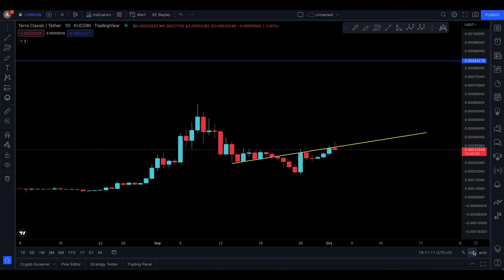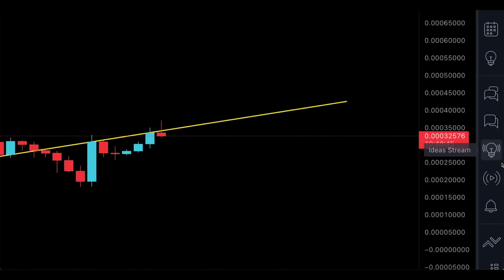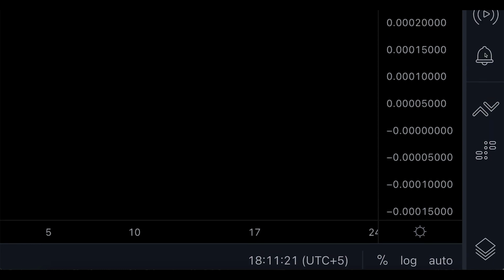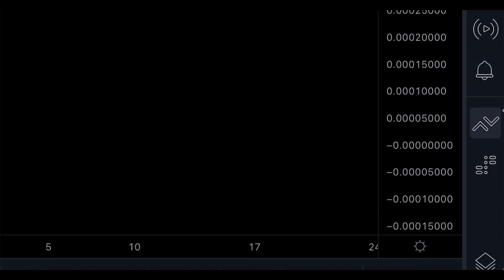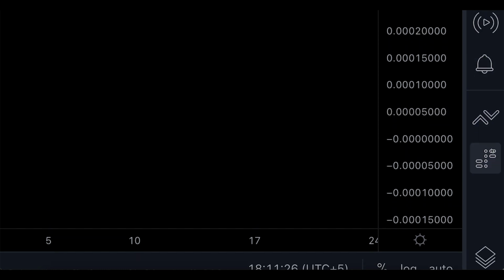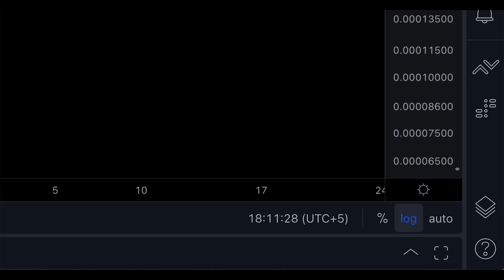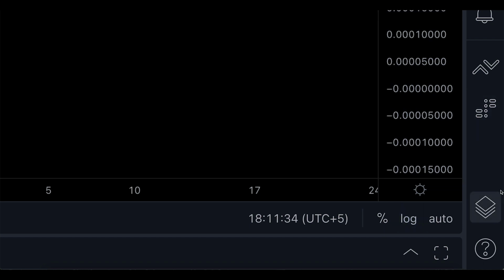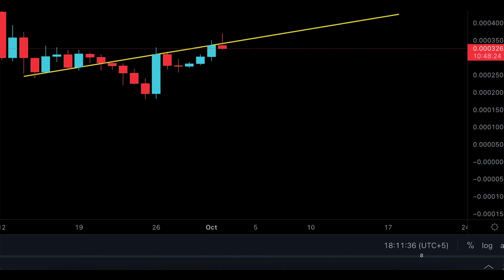Log scale is more exponential, and when you turn off the log scale, it's more in equal proportion. Just notice how on your right screen here, when the log scale is turned off, you have 5,000, 10,000, 15,000, and 20,000. So the numbers have an equal distance of 5,000 difference. If I turn on the log scale, you're going to see 7,500, 8,600, 10,000, 11,000. So an exponential calculation is being done right there.